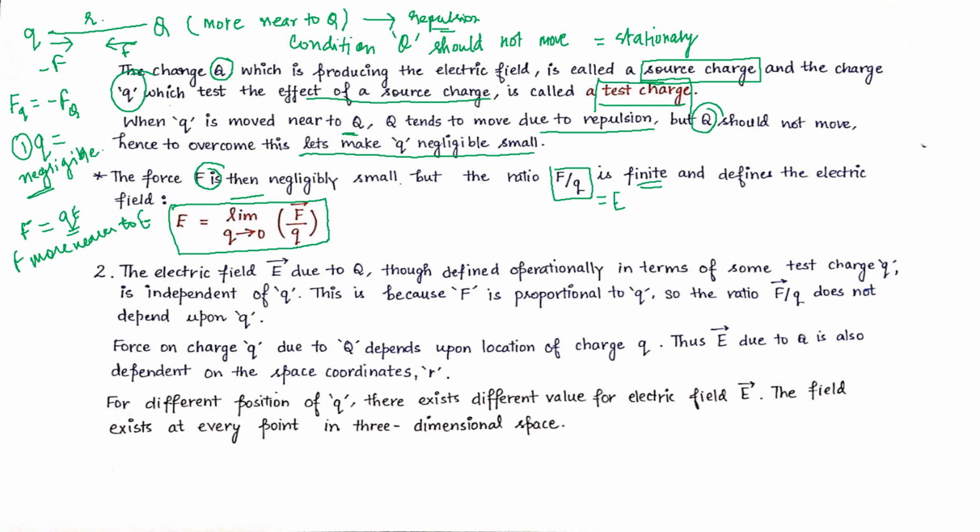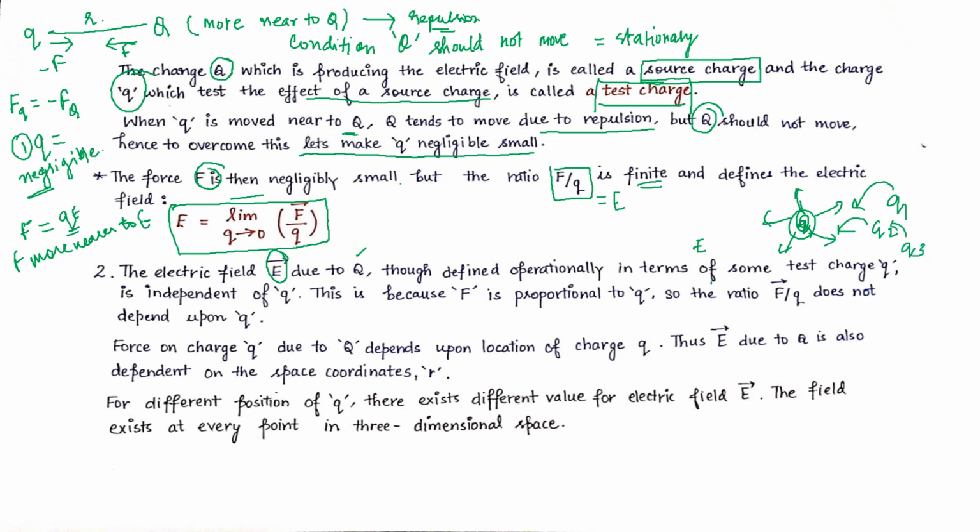Second thing: the electric field E due to Q, though defined operationally in terms of some test charge, is independent of the test charge. Here these are the electric field lines coming from our source charge, which I will write as capital Q. We place q1 over here, then q2 and q3.